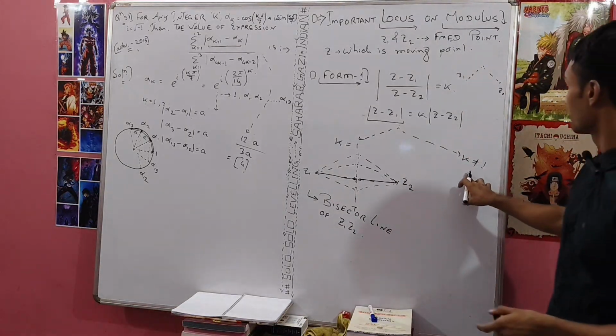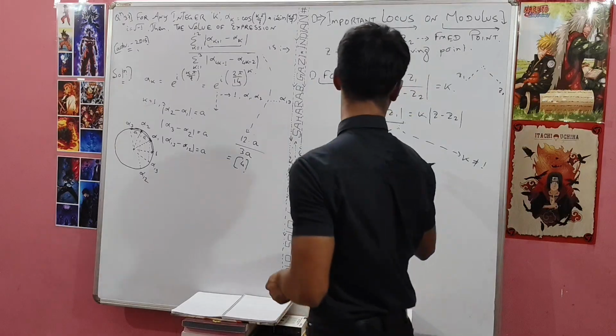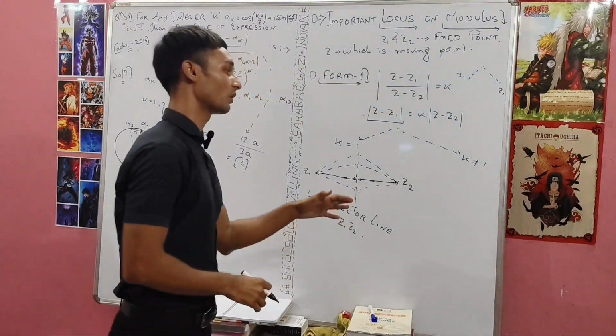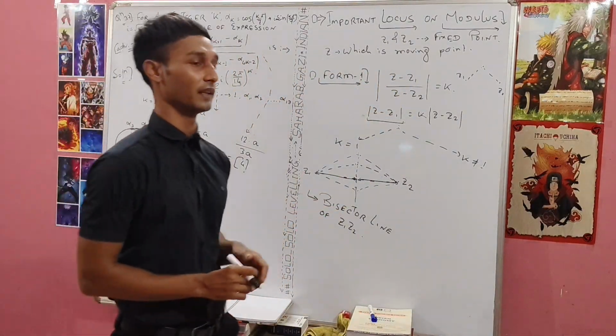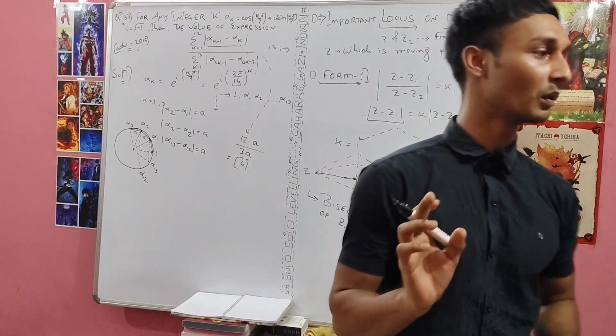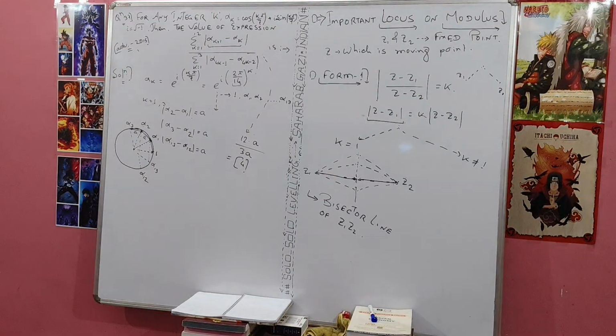Now the second portion of this form is when k is not equal to 1. What will you get here? You will get an Apollonius circle.